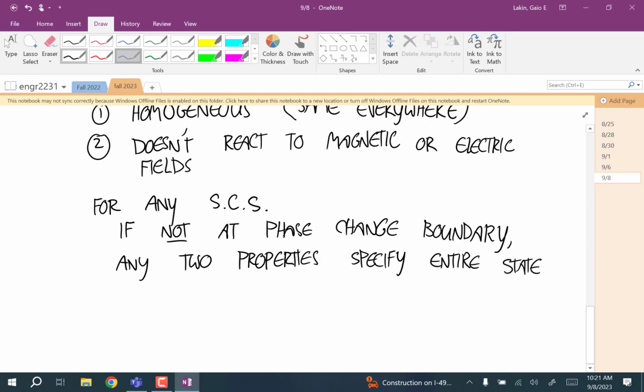So if you have water and it's not at a boiling point or freezing point, and you know the pressure and the temperature, that's enough to determine the specific volume, the specific entropy, enthalpy, all these other properties. So two properties is all you need.